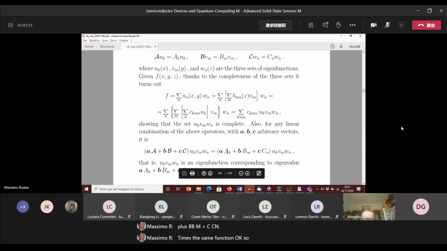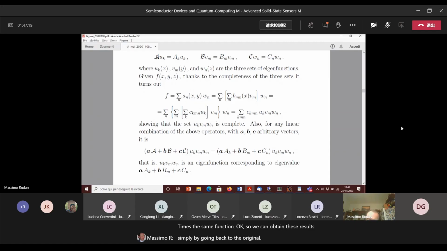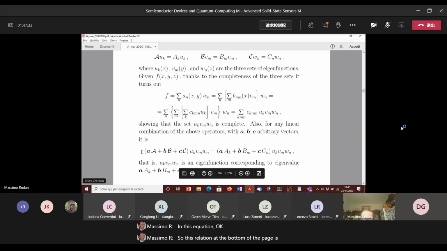So we can obtain this result simply by going back to the original eigenvalue equations that are present in the first line of this page and simply replacing them in this equation, okay? So this relation at the bottom of the page is true.